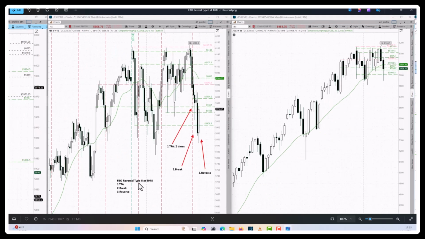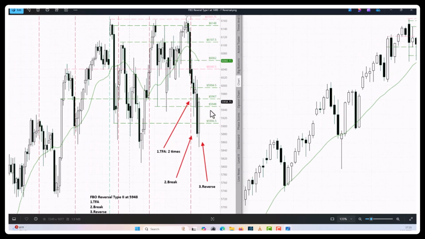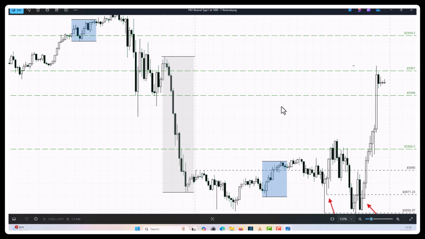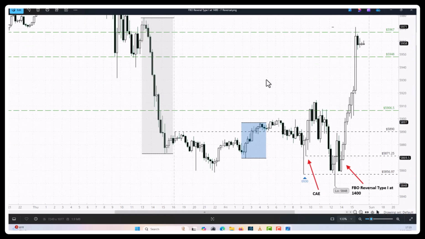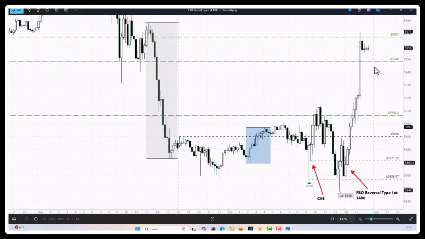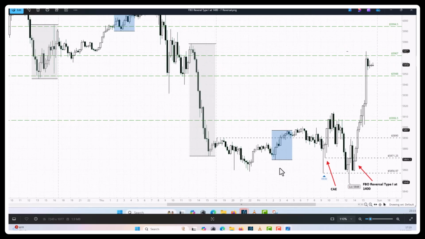So it's a type 2 reversal right there, just from above the level 59.48 and then reverse. We want to see how it looked. Yes, I'm looking for the two levels right there, 59.06 and 59.48. Very interesting.